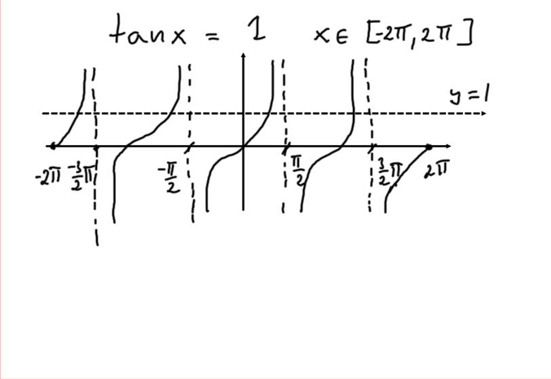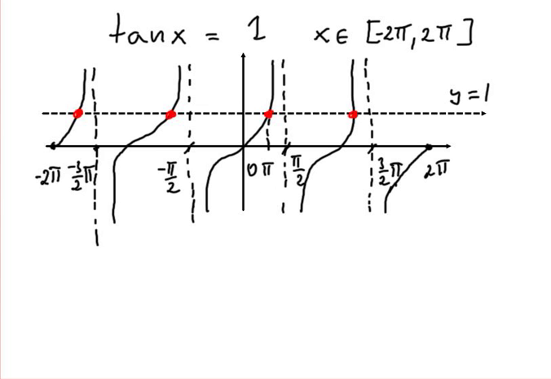And every time you intersect with the graph of tangent x, you expect to produce a solution of the equation. Okay. So the first available to us is in the first quadrant, between 0 and 2 pi. So the first root is at pi over 4.